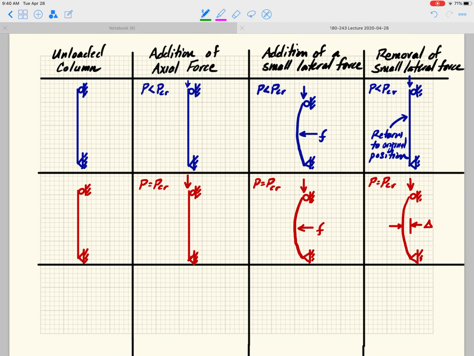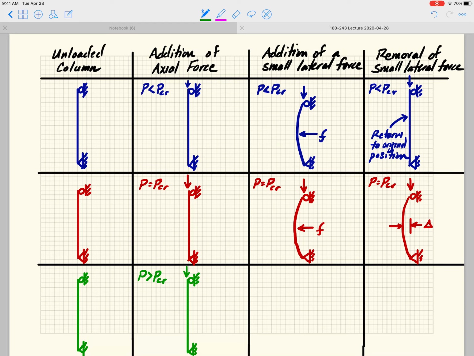And now we can also look at the last case, which will look something like this, where I then come in and I apply a P, but now that P is actually greater than P critical.